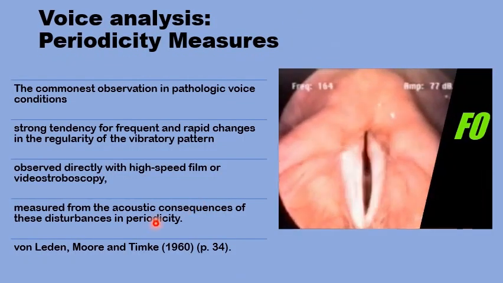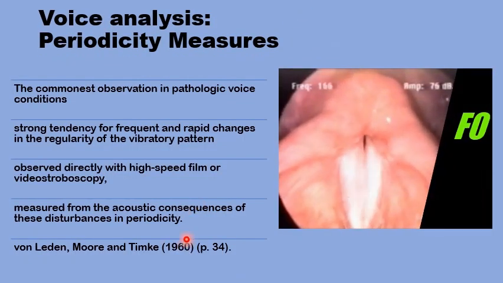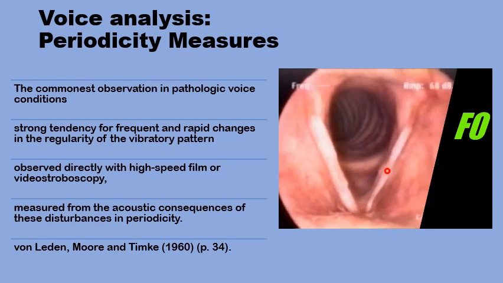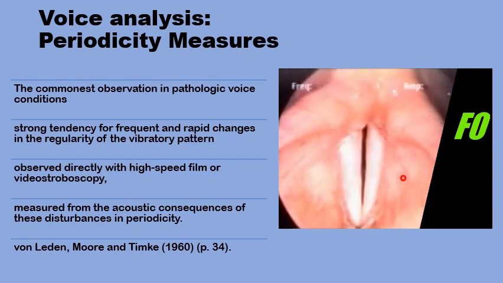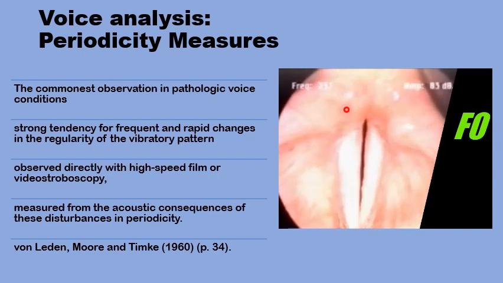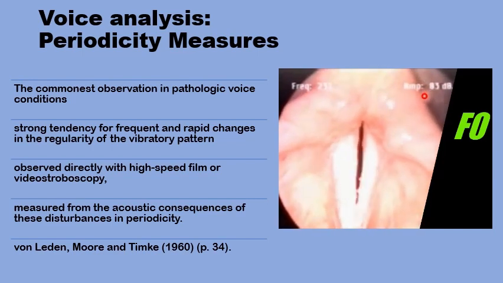For decades, it has been observed that the commonest finding in pathological voice conditions is a strong tendency for frequent and rapid changes in the vibratory cycle frequency and amplitude.